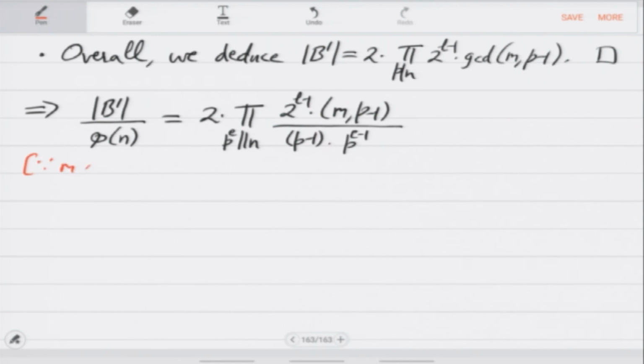So since m is odd, note that m comma p minus 1 times 2 raised to L minus 1 will divide p minus 1 by 2.